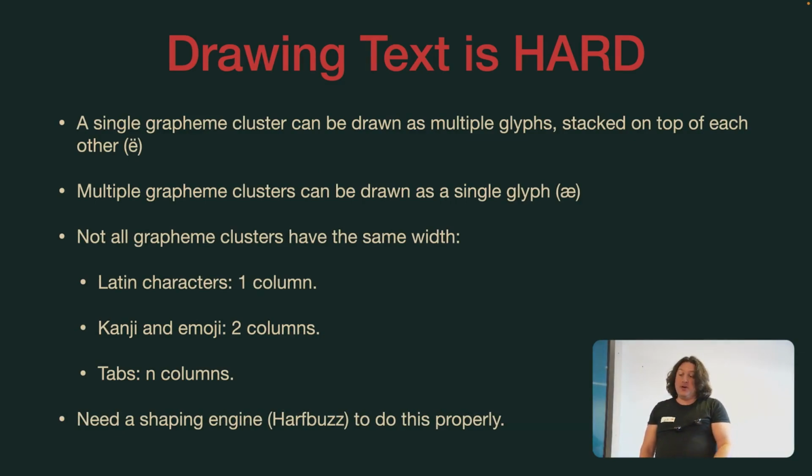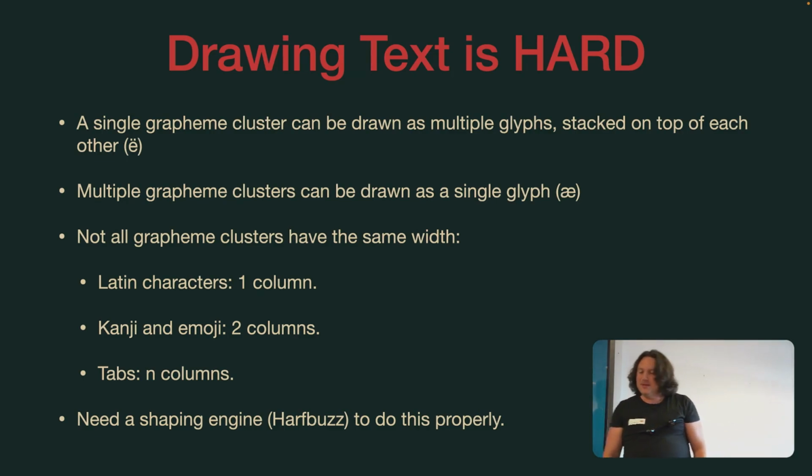A single grapheme cluster can be drawn as multiple glyphs stacked on top of each other. One example is the E with the dots over it. There is a variant in Unicode that draws that as one character, but the other option is that multiple grapheme clusters can be drawn as a single glyph. That's something that happens, for instance, with ligatures.